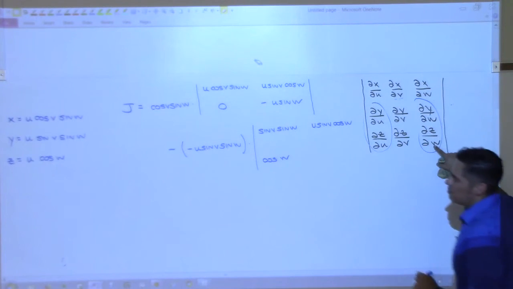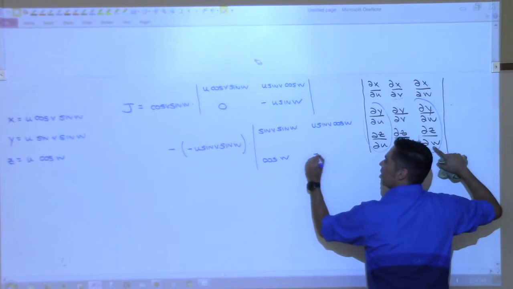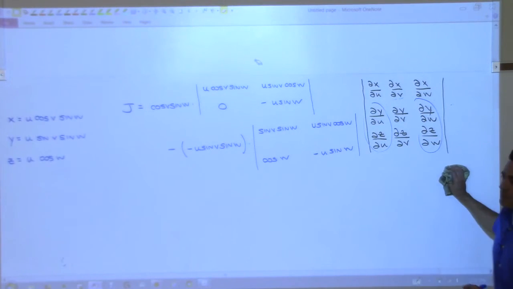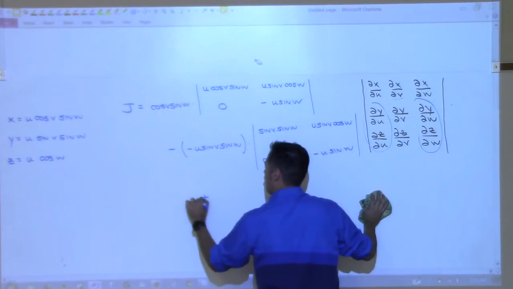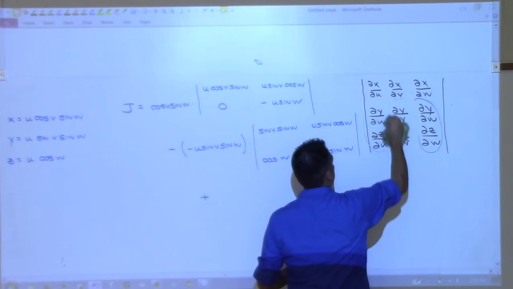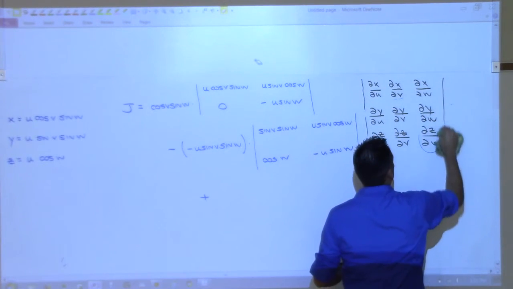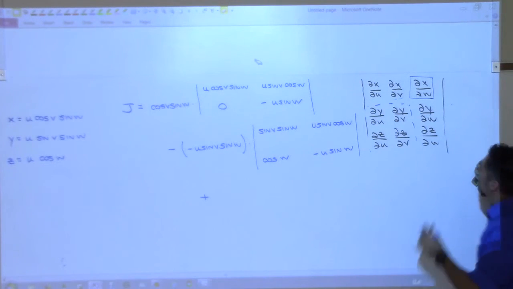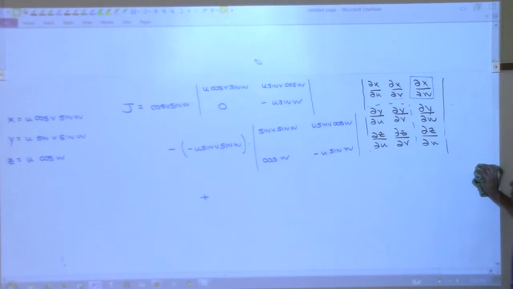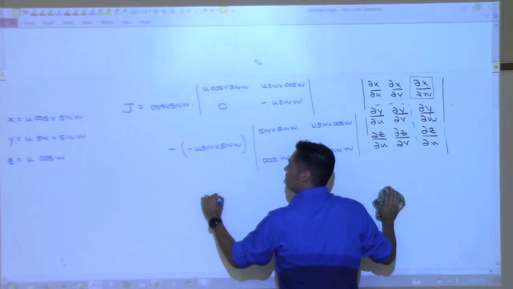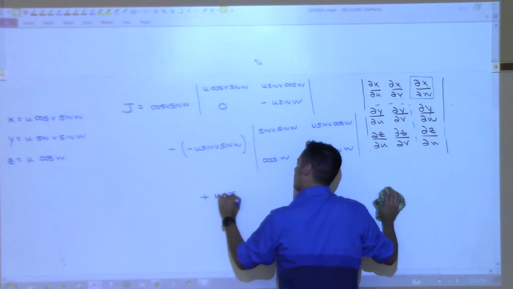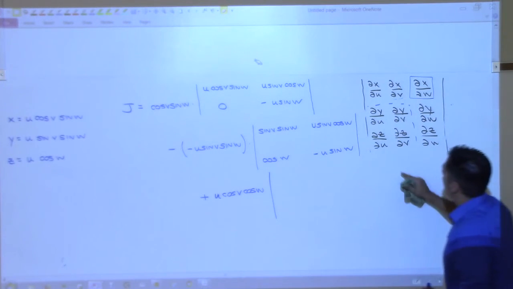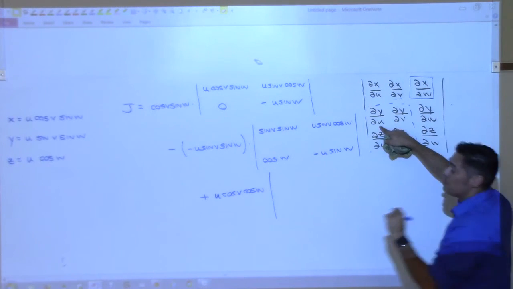And then partial of z with respect to w, negative u sine w. One more. Plus, we need this piece, right? And then we're going to be doing these four. So partial of x with respect to w: u cosine v cosine w.